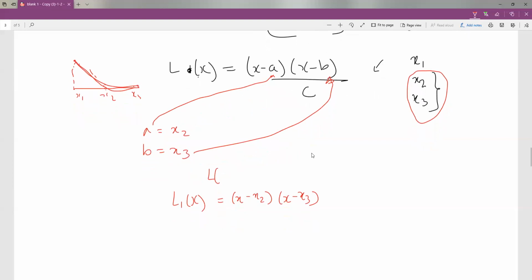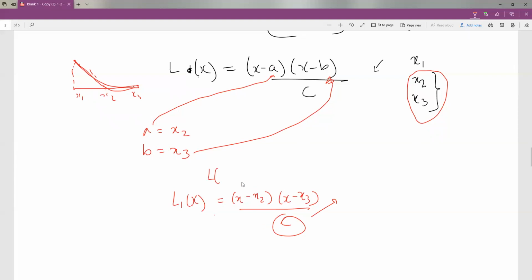So now the remaining thing is this c. How can we evaluate this c? It again has to meet the condition that we want L1 of x equal to 1 at x equal to x1.